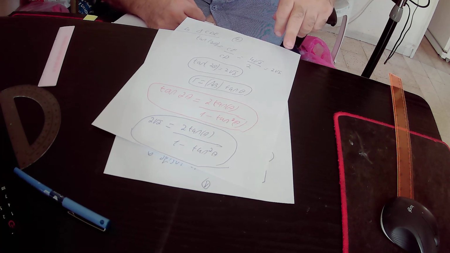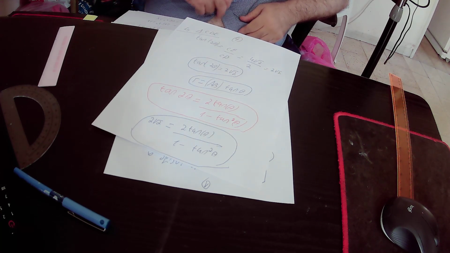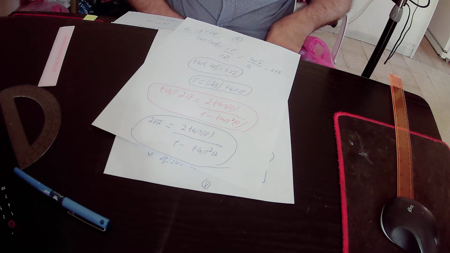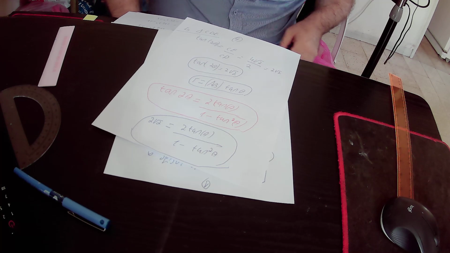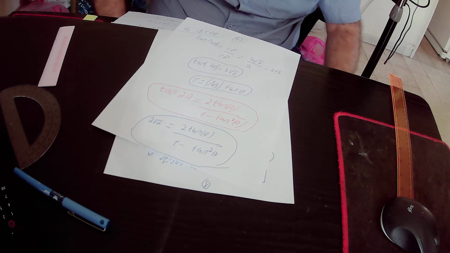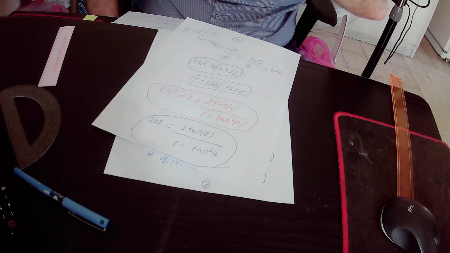So we found that tangent 2 theta equals 2 times root 2. And we know that the radius of the small circle equals AB times tangent theta. So in order to find the radius of the small circle, we will have to find the value of AB and the value of tangent theta.